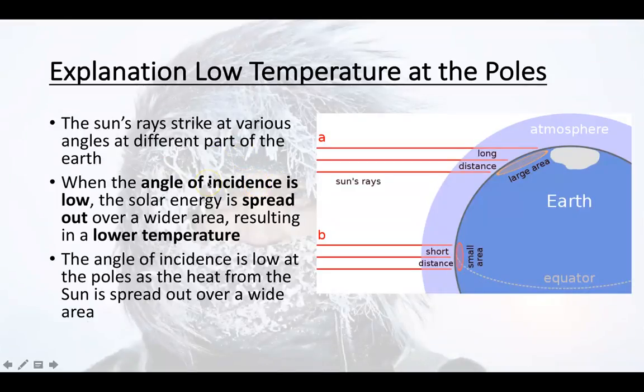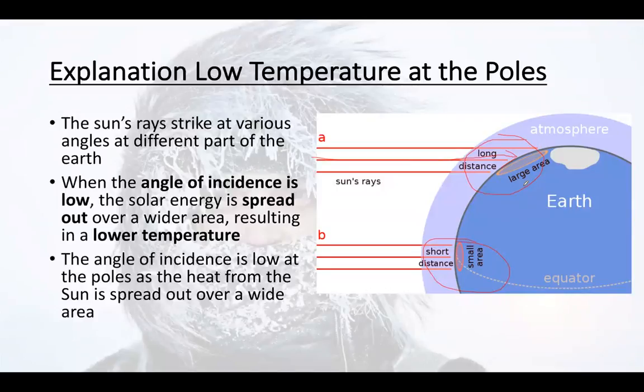At the poles, the North Pole and South Pole, you have a very low angle of incidence. What it means is, as the sun rays hit the North Pole and the South Pole, there's a very low angle of incidence, so the solar energy is spread out. If we compare the equator and the North Pole, you'll notice that at the equator it's concentrated over a small area, but at the North Pole it's spread out over a very large area.